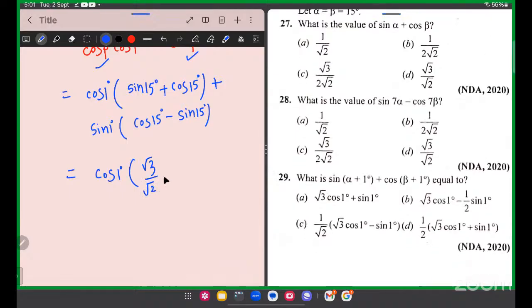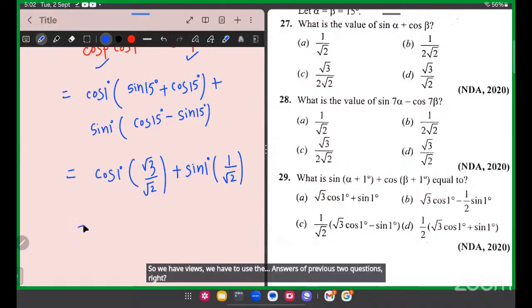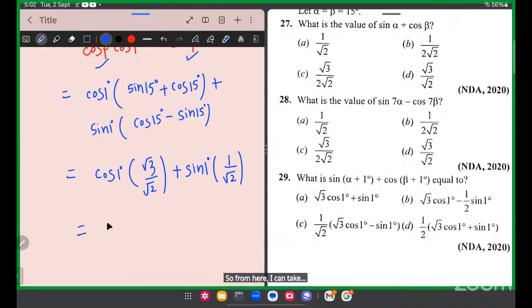In the same way, we have got sine 1 and cos 15 minus sine 15, it was 1 by root 2. So I need to write directly. So we have to use the answers of previous two questions. So from here, I can take 1 by root 2 common.